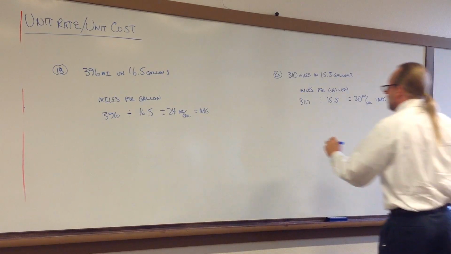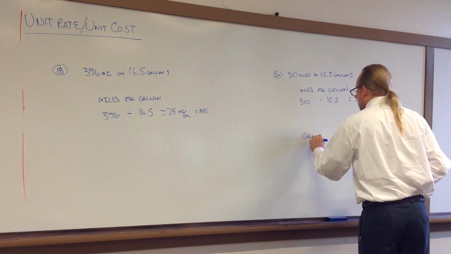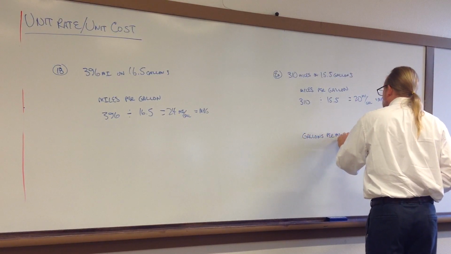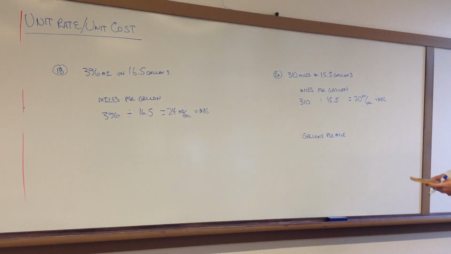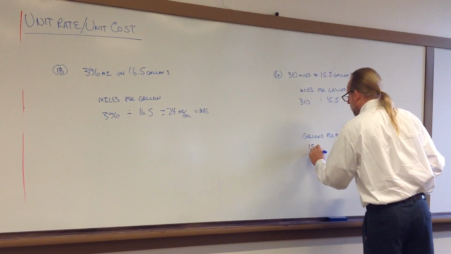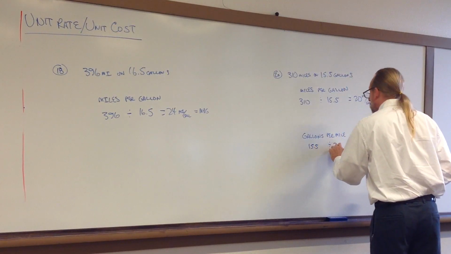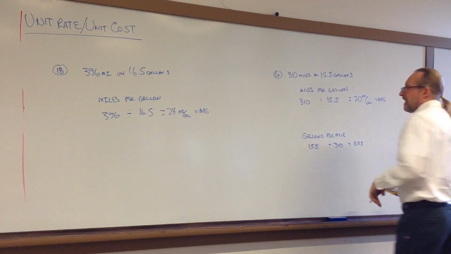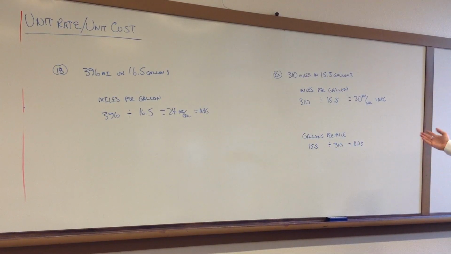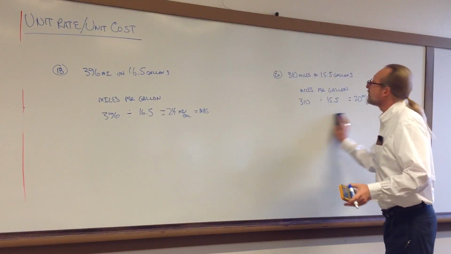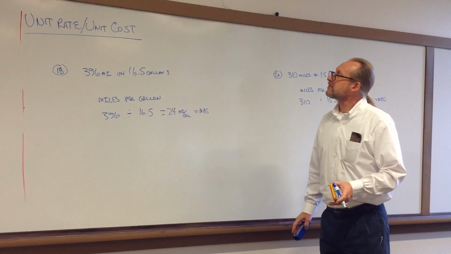Now what if we turn this around? Gallons per mile. Again, this is not really going to be all that helpful to us, but it will tell us how many gallons it takes to travel 1 mile. 0.05 gallons. Not very much gasoline is required to travel a mile. That's why we don't often talk about that, gallons per mile.